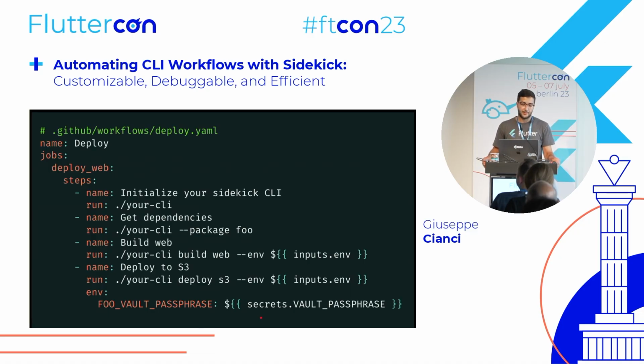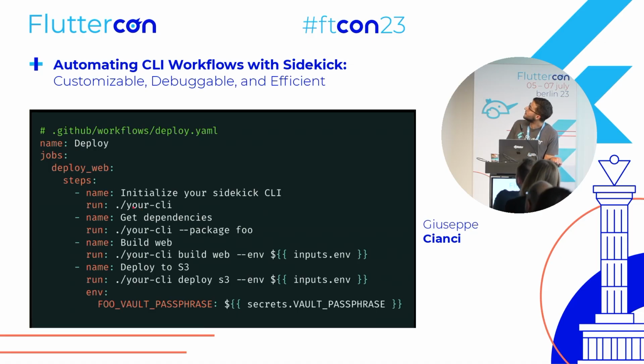And the cool thing about Sidekick CLI is that you don't have to worry about bash anymore. You can just call your CLI. So in my case, it would be called SD. This is just a demo, so I just called it your CLI. It depends on your project what it's called. And this does everything for you.